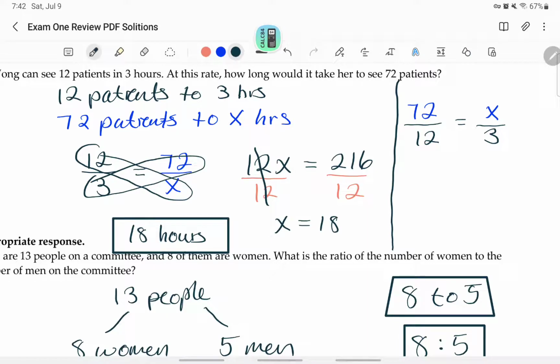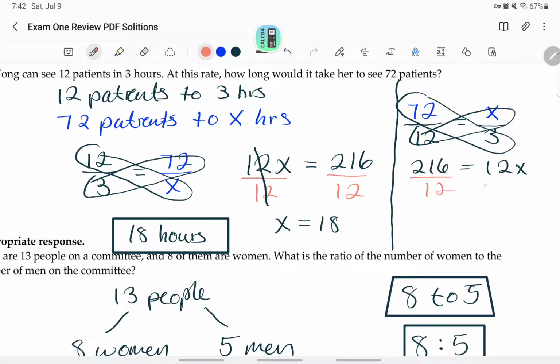And then, once again, you can still cross multiply. Same result. So, 72 times 3, that's 216. 12 times x is 12x. Divide both sides by 12. 18 equals x. And that still is 18 hours.